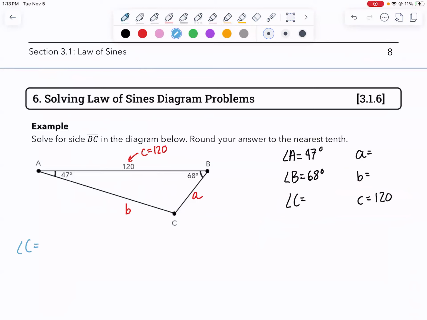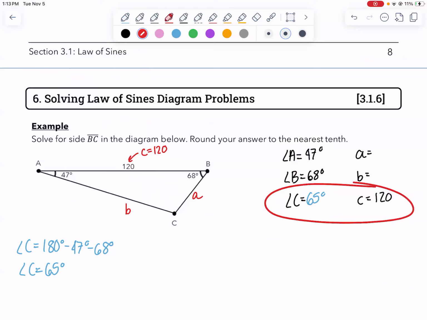So angle C is 180 degrees minus 47 degrees minus 68 degrees. Angle C is going to be 65 degrees. And now I know everything about C.